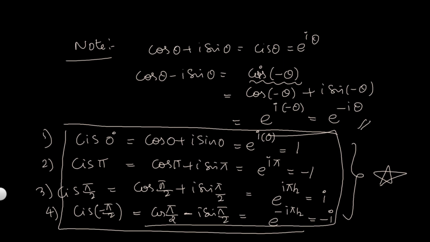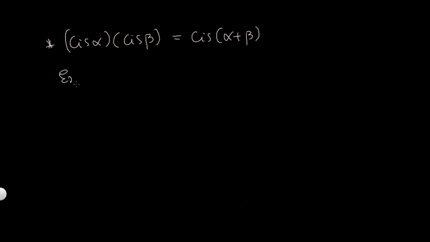Last one, cis alpha into cis beta we can write as cis of alpha plus beta. Explanation: cis alpha is e to the power of i alpha, cis beta is e to the power of i beta. Bases are equal, so powers should be added: i alpha plus i beta, that is e to the power of i of alpha plus beta.